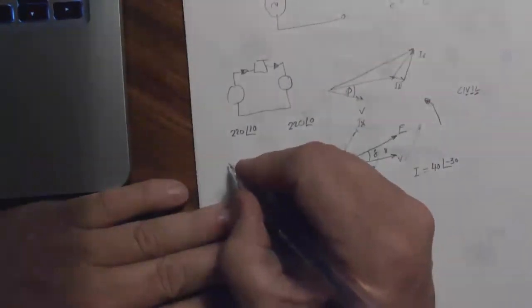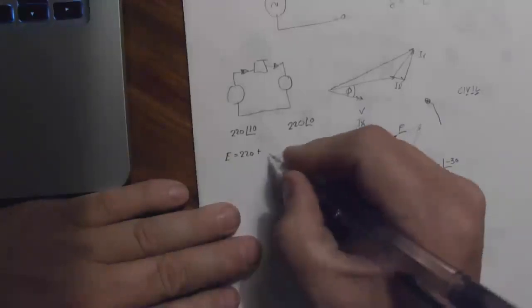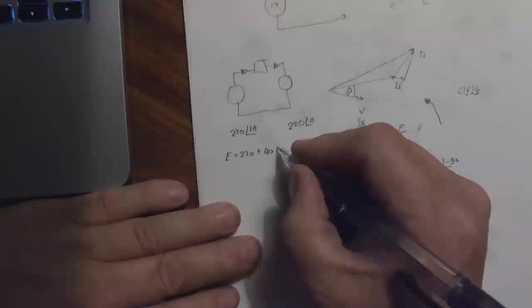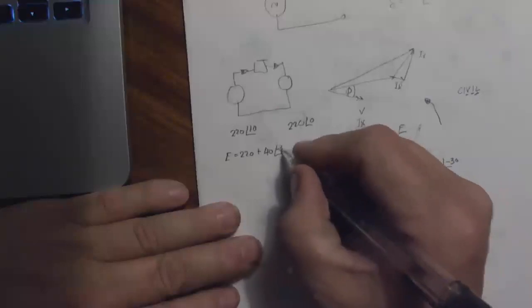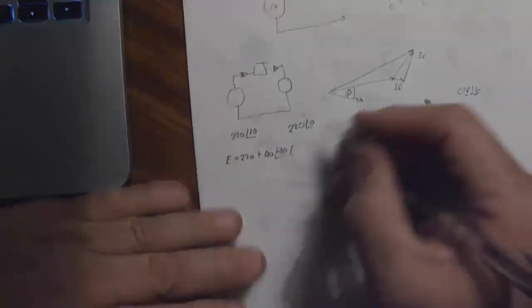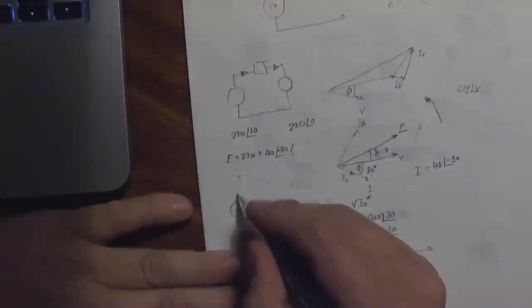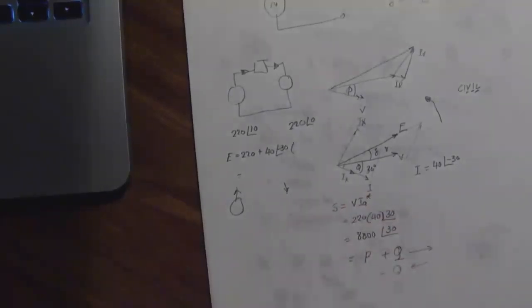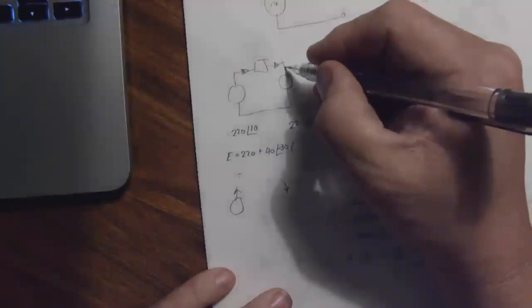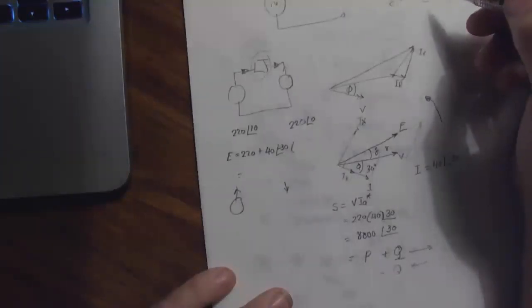So here we will have E is going to be 220 plus, let's say, 40 at an angle of whatever, minus 30, times the reactance of the machine. And from that, you will see that one machine is exporting power or reactive power and the other one is receiving it. Or both are exporting a certain amount of reactive power because this line is taking them all.